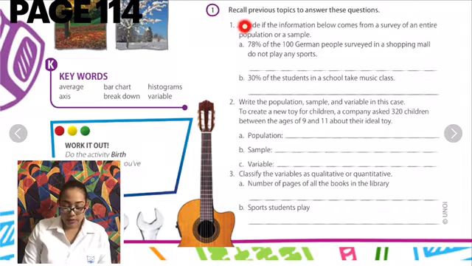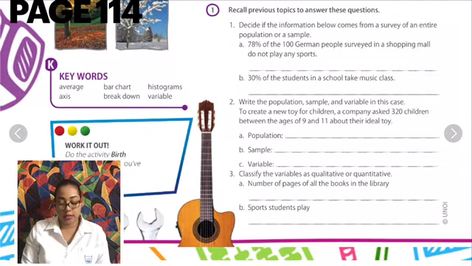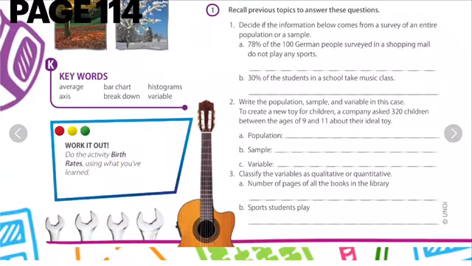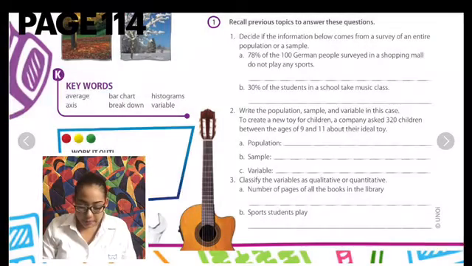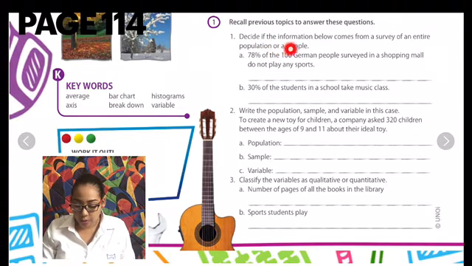Now, number 1 says, recall previous topics to answer these questions. What are the previous topics that you have to see to answer these questions? So number 1 says, decide whether the information below comes from a survey of an entire population or a sample.